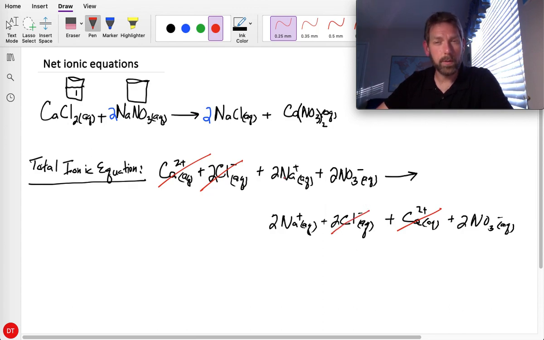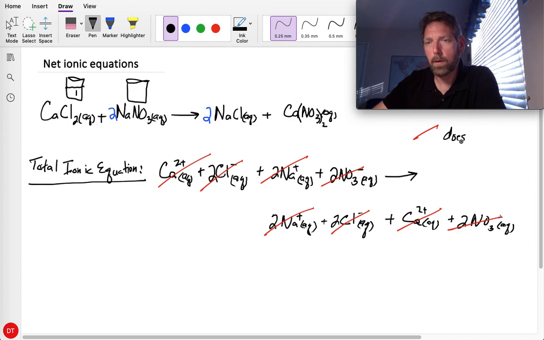There's 2 sodium ions on the reactant side, 2 on the product side, strike through. And there's 2 nitrate on this side and 2 on this side. So what the strike through means is did not react. That's all it means.